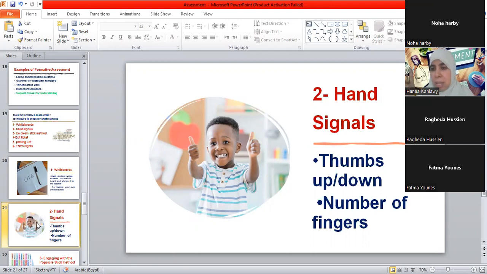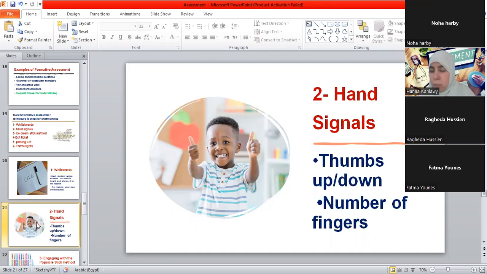Number two, if they hold up two fingers, so they are not sure about the answer, or I may need help. If they hold up three fingers, so it's okay, I know the answer, or I can get the point. And of course, you can change the numbers of fingers. You can continue till 4 and 5, okay?